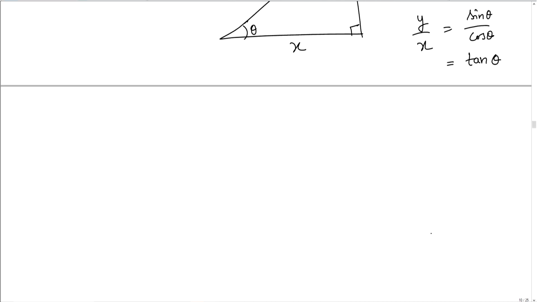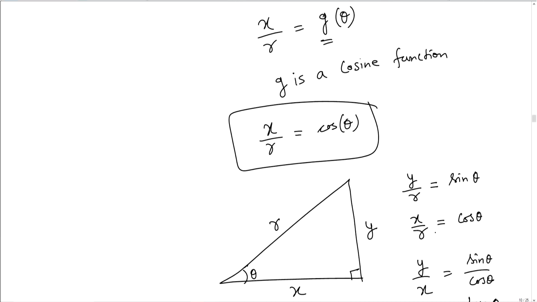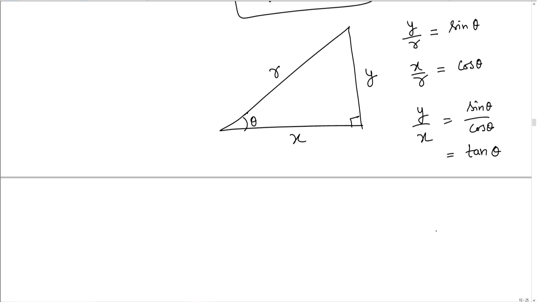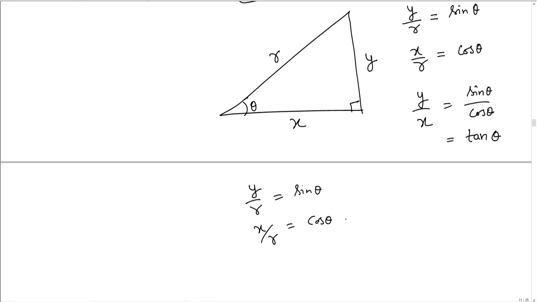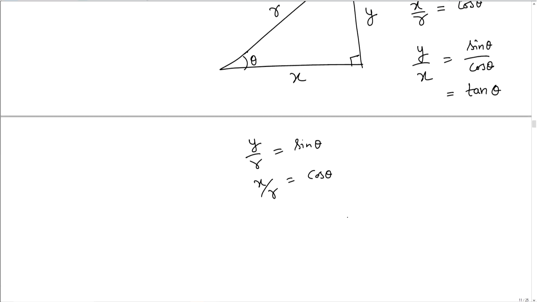But let us take a look at sine theta and cos theta and the relationship between them. What you have learned is that y by r is sine theta, x by r is cos theta, and this is your right angle triangle. Do you know some of the properties of a right angle triangle?